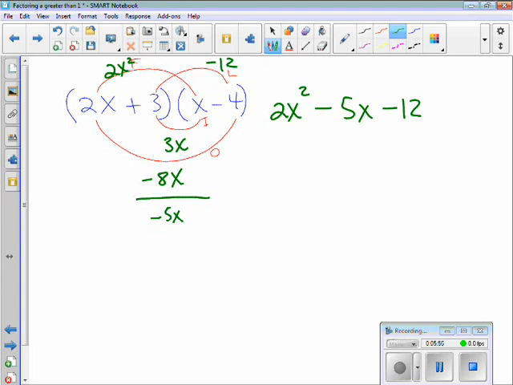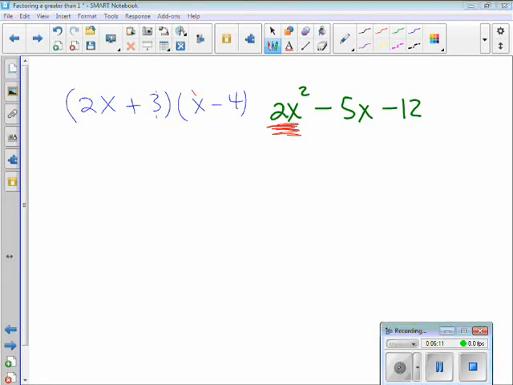Okay? So a couple of things I really want to point out: this term right here is created by this first term set, right? The first 2 pieces that multiply through, that 2x squared is created by these 2 first terms being multiplied, right?